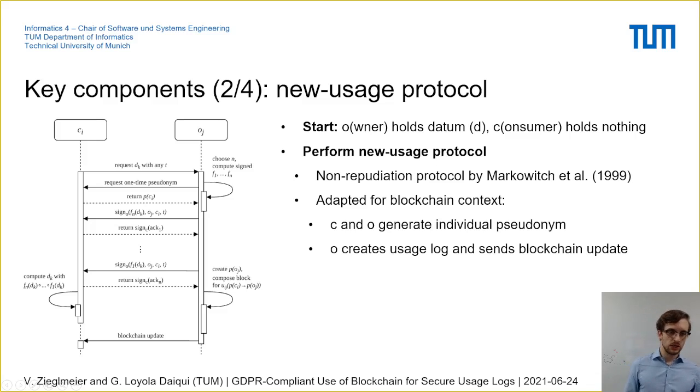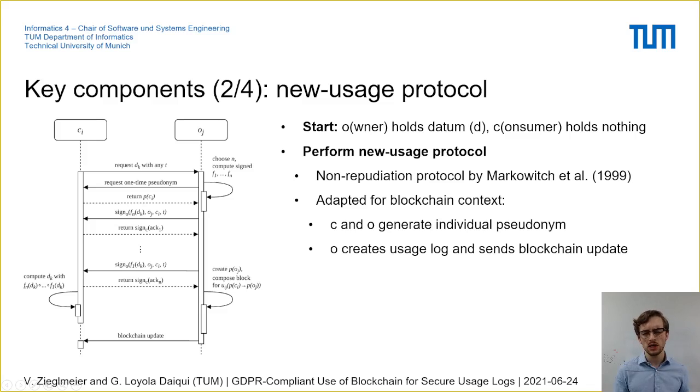Now what actually happens is that there's a randomized number of steps. The number is chosen by O in the beginning. And in each step, a fraction or a component of the datum is sent. But it's not just a part, right? Not just a set of bits, but it is encrypted in such a way that it can only be decrypted if all components are present.